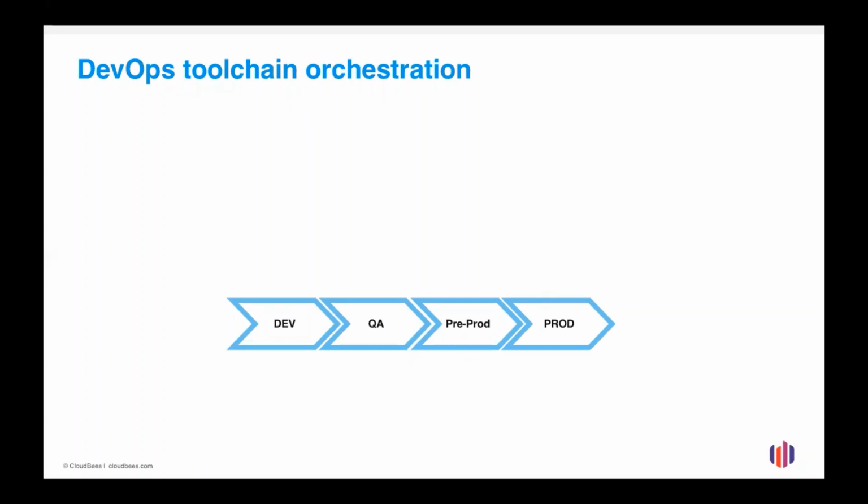To take a meaningful example, imagine today you are working with a pipeline, with a process which contains more or less four stages: development, then QA, then pre-production and production.